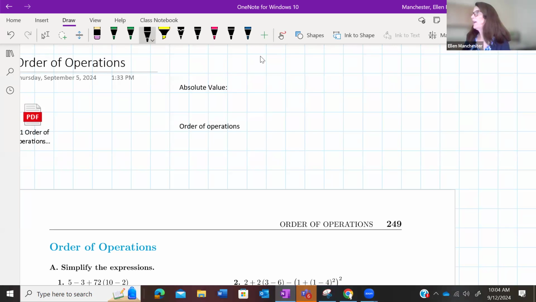Absolute value has these vertical bars. The idea behind it is when you have a number line, and we go negatives on the other side, absolute value means the number of steps from 0.